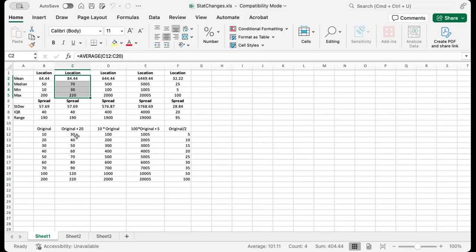Shifted. Does that make sense? Okay. So what happens to the measures of spread? It stays the same. Does that make sense? So you see that when we add or subtract a constant, in summary, what can you say happens to the location? We can say that location changes, but the spread does not change. Are we all clear on that?